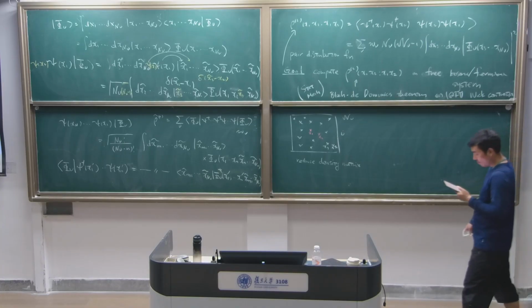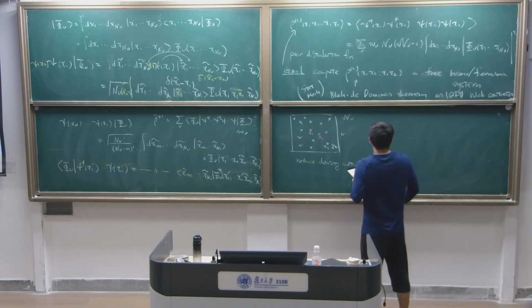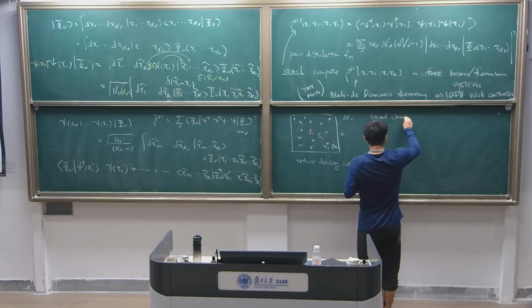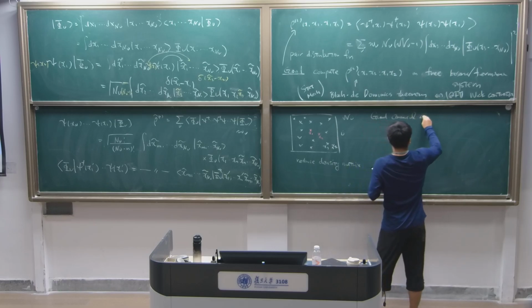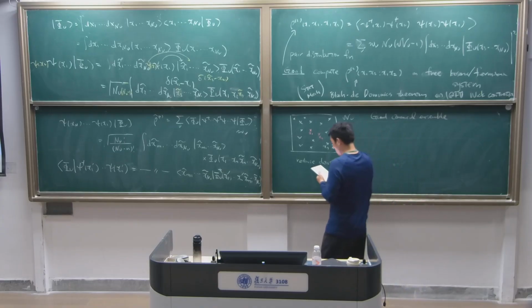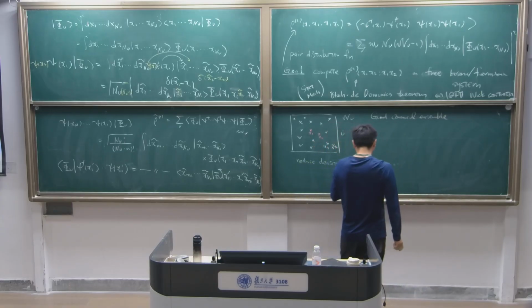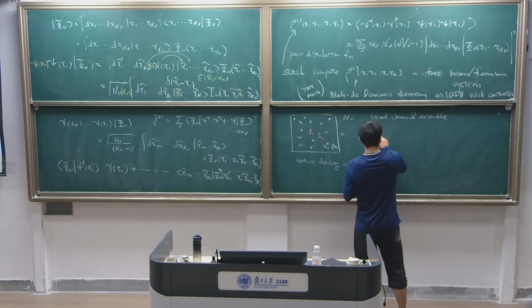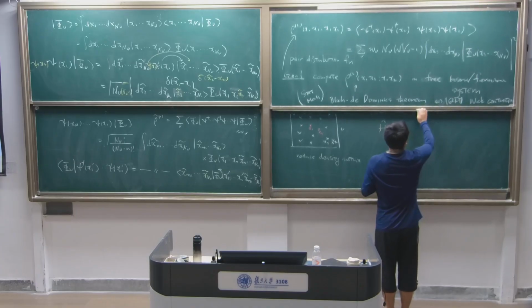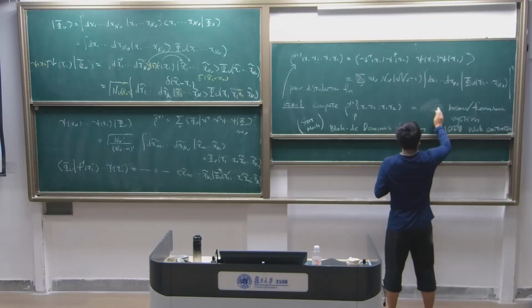So to do that, we move on and consider the grand canonical ensemble, which is given as follows. The Hamiltonian is non-interactive.